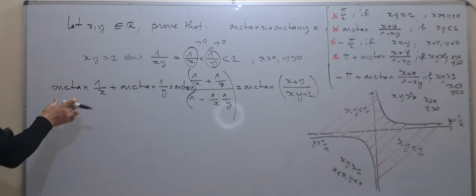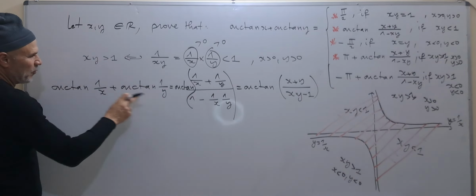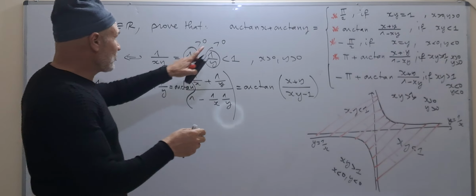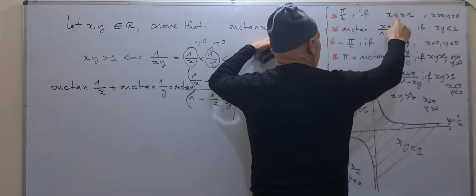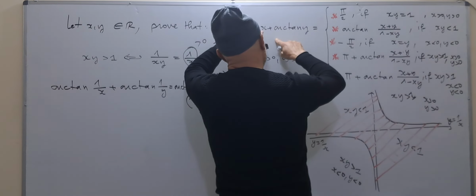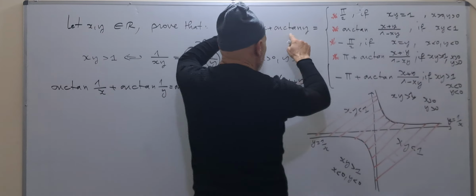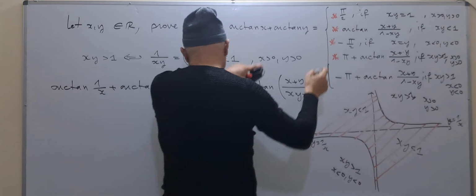But here what we have is arctangent 1 over x plus arctangent 1 over y. When x and y are positive, the sum of arctangent x plus arctangent 1 over x is equal to pi over 2.